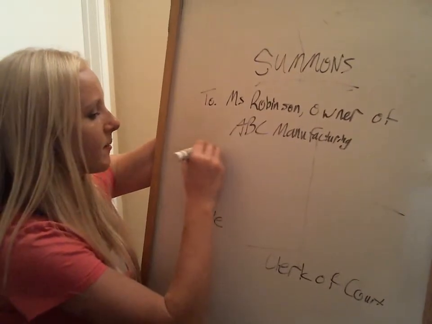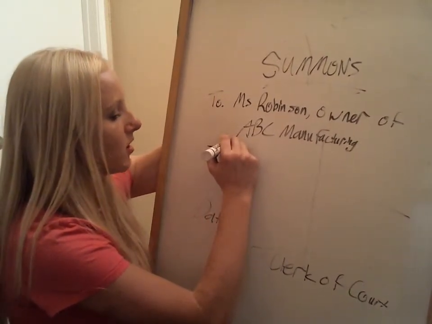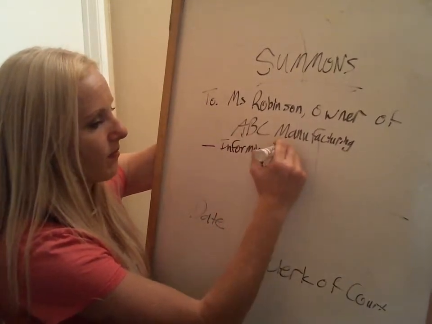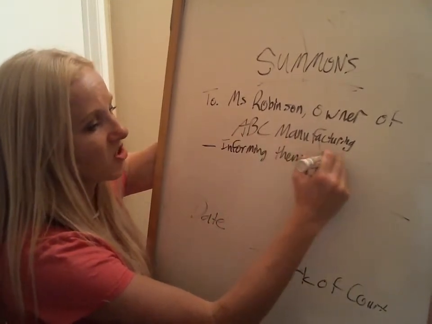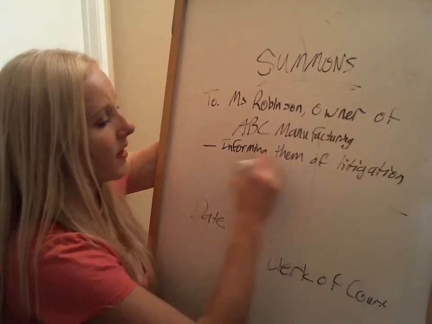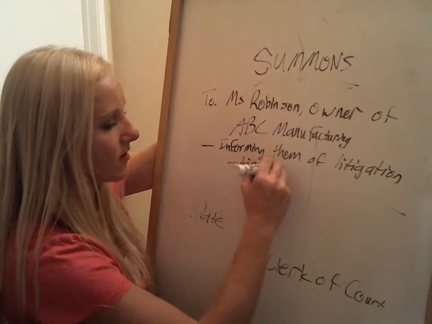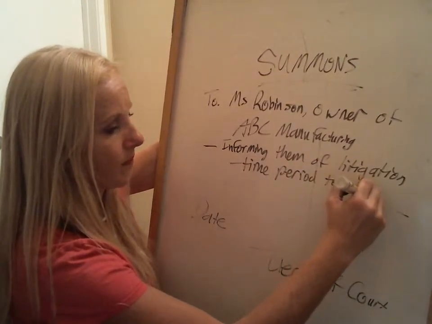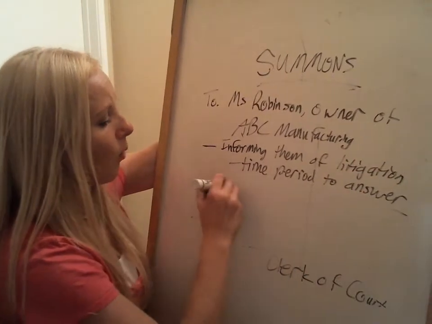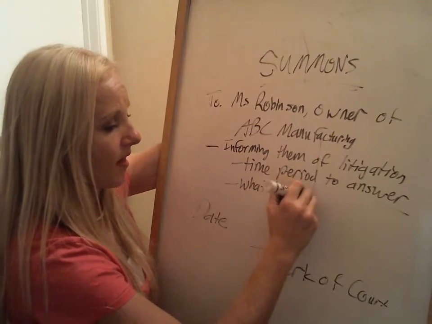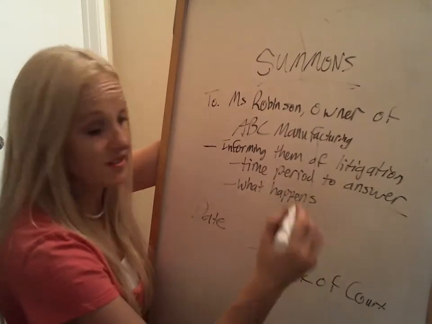So basically in the summons, the key part is informing them of the litigation, the time period to answer, what happens if there is no answer, and that's where they get the judgment against them, just in default.